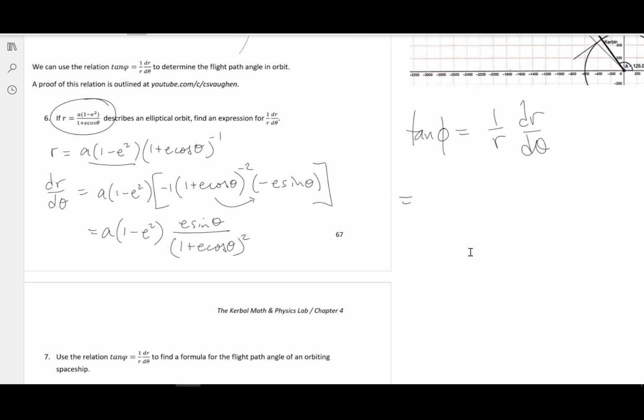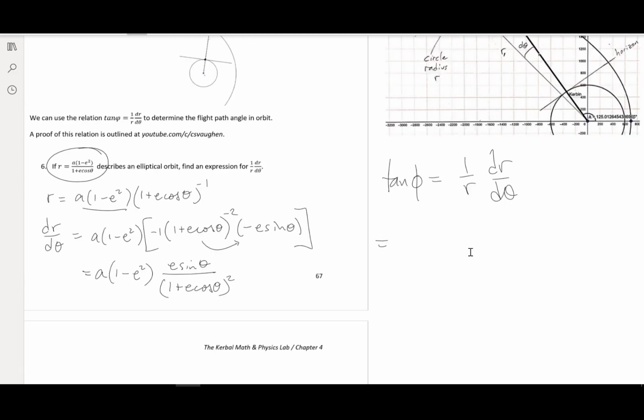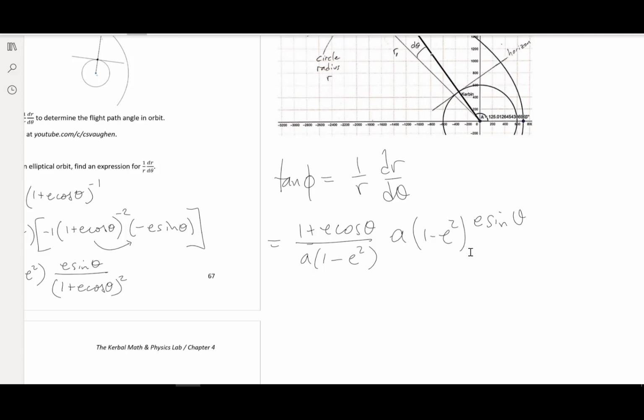So because it's 1 over r, I think what I'll do is I'll just flip that, and that's the reciprocal. So flipping this expression that I have here for r upside down, it'll be 1 plus e cos theta on top, and a 1 minus e squared on the bottom. And now this expression that I just got for dr d theta, that's a times 1 minus e squared, e sine theta on top, and 1 plus e cos theta all squared on the bottom.